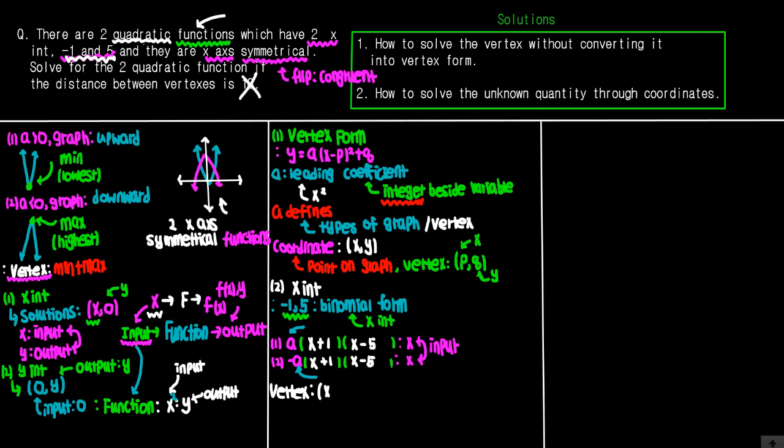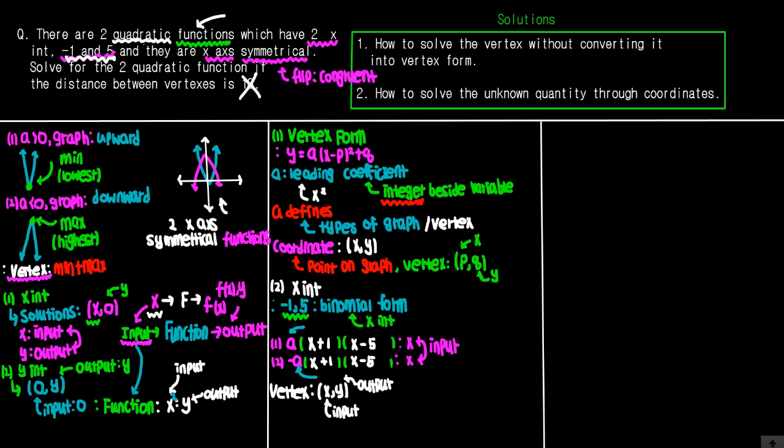The vertex is formed by x comma y, where x is the input and the y value should always be the output of the function whenever the function exists. But then we can use our property. There is a property because we don't have to convert binomial form to the vertex form, which would make us waste a lot of time.